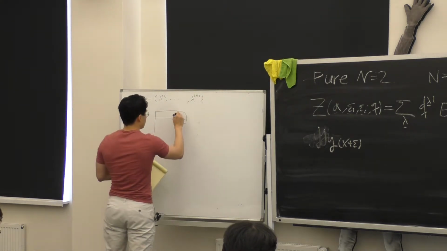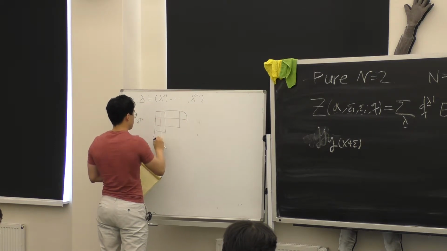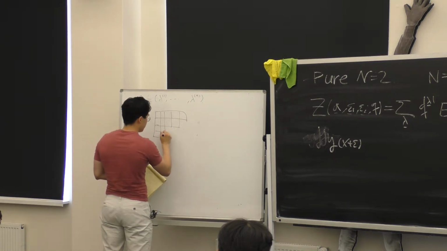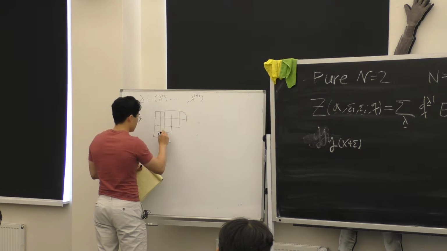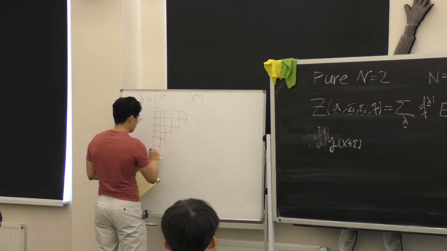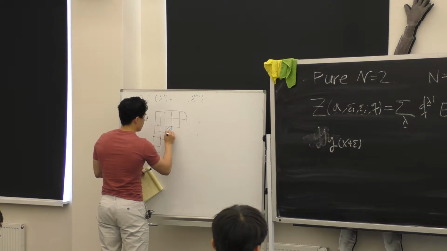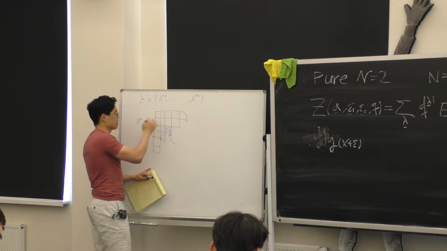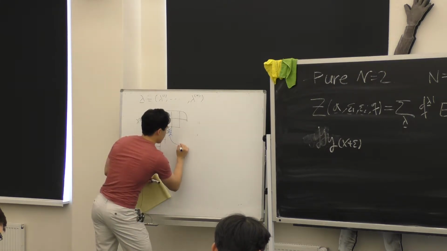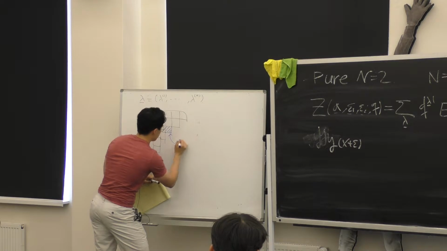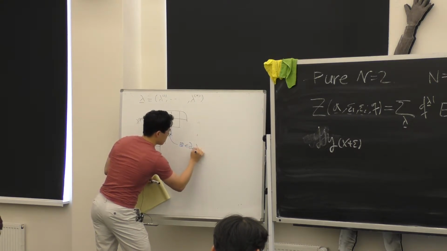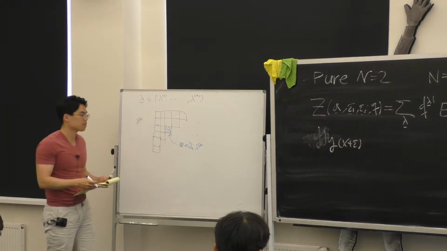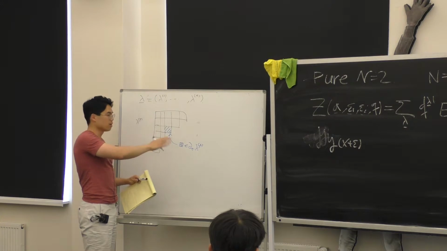And we have some Young diagram here. And let's say we have here a box that is not in lambda beta, but this specific box is in D plus lambda beta. Is it clear? So this can be added.